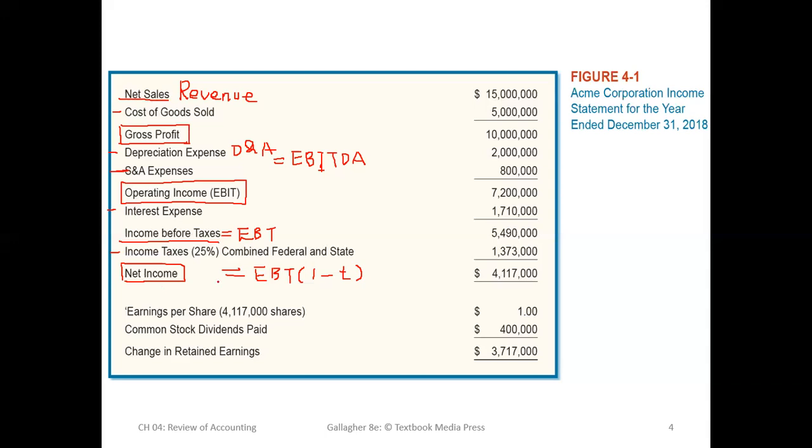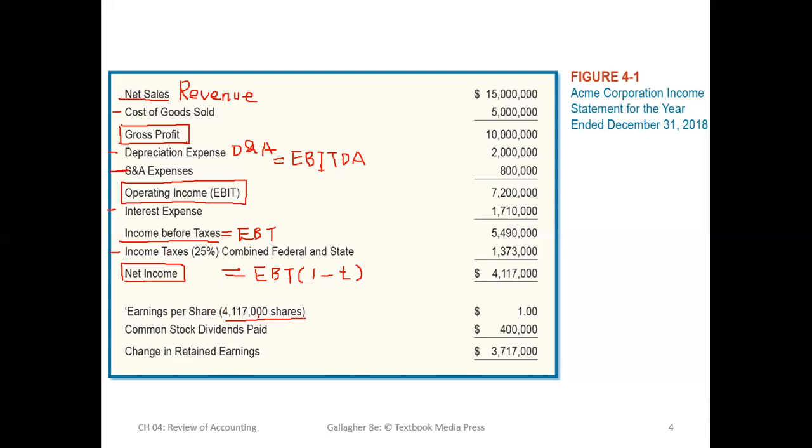So you take net income divided by the total number of common shares outstanding. For example, this company in that example has 4,117,000 shares.